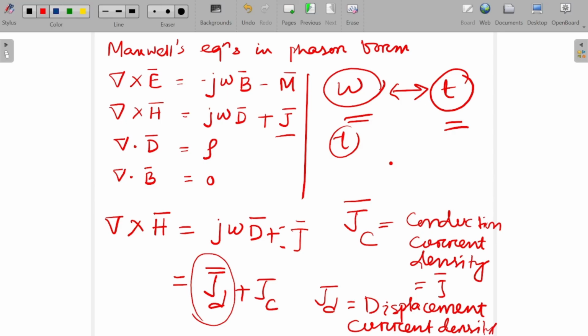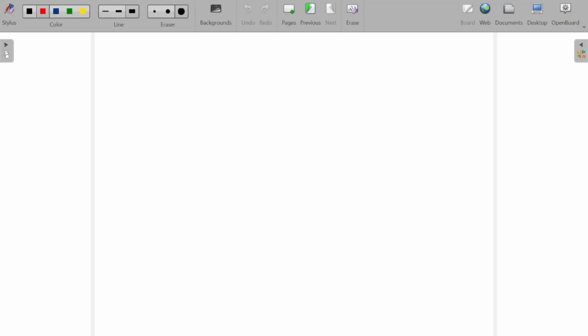So now the total current density, let it be J total, can be written as the summation of this conduction current density that previously we have defined and the displacement current density Jd.